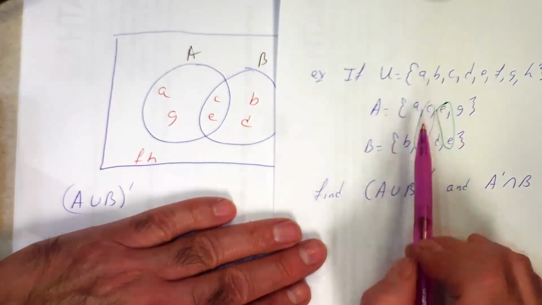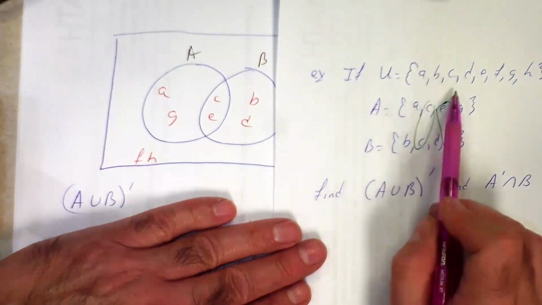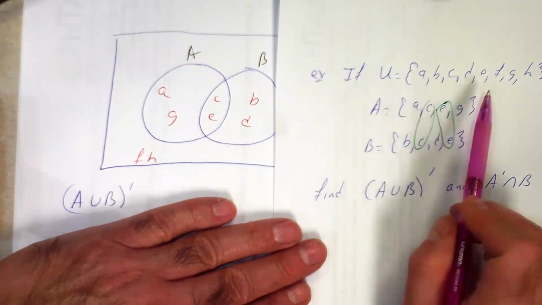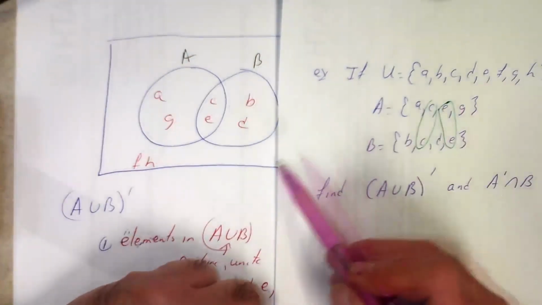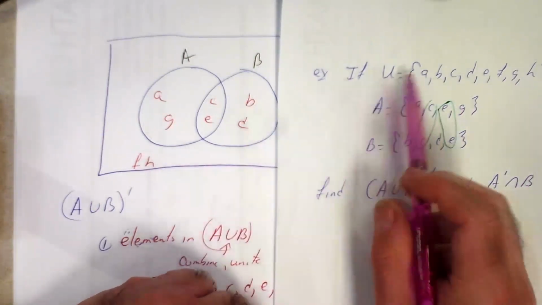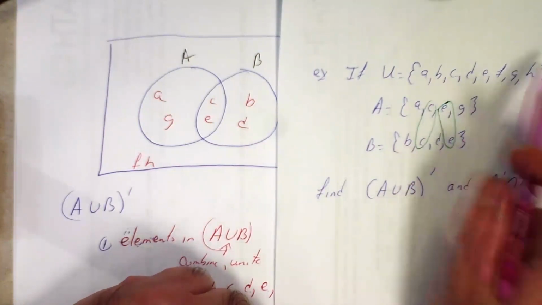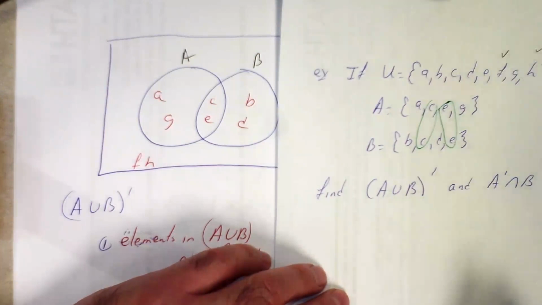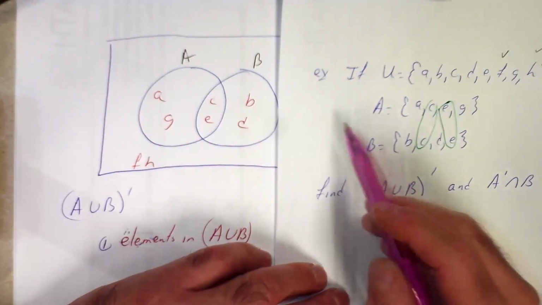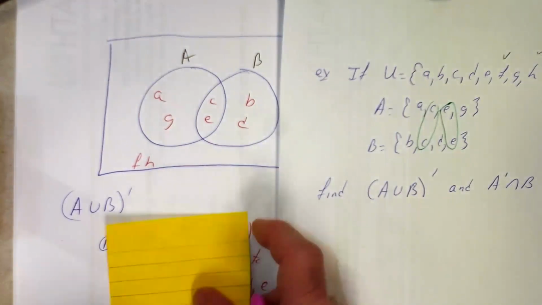I have the A, there's the B, the C's included, D's here, E is there. I don't have F, so that means F has to go outside. I have the G, there's the G. I don't have H. So the ones missing from inside the circles are the F and the H. That's why I have an F and H right here.